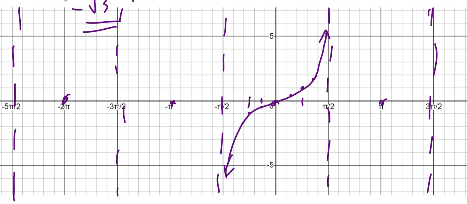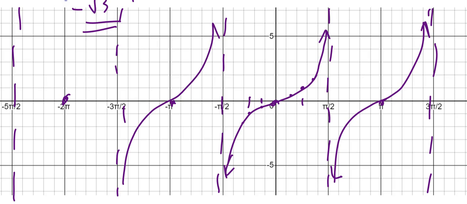Now, I know that some of you are probably going to say, well, Mr. Staley, doesn't that kind of look like a cubic function? Yeah, kind of. It's got that same idea, but it's doing the same thing over here, because every time you jump across that asymptote, you get the exact same slopes, right?